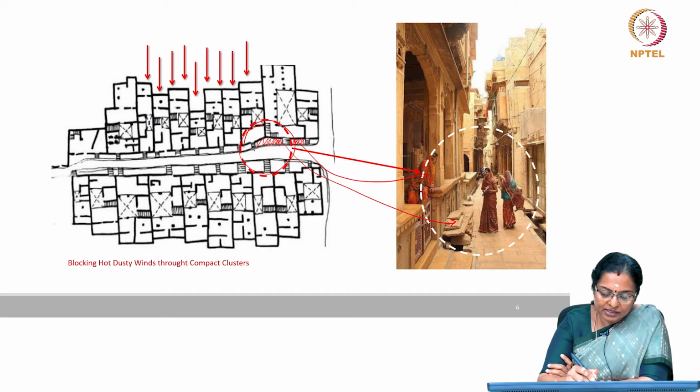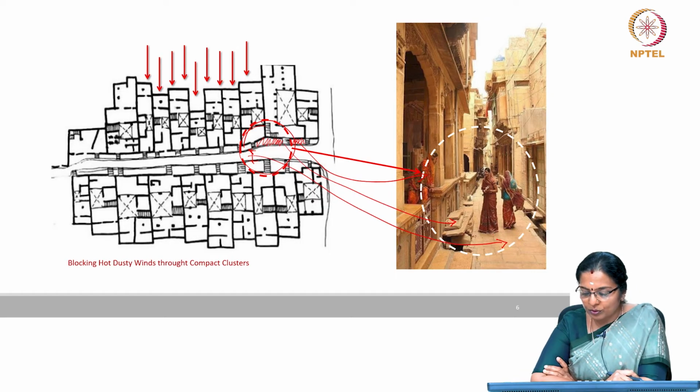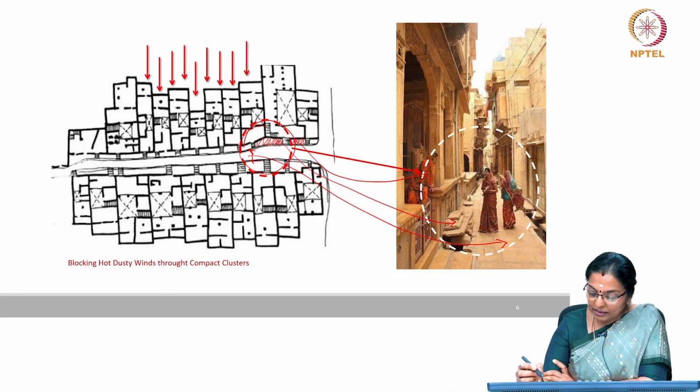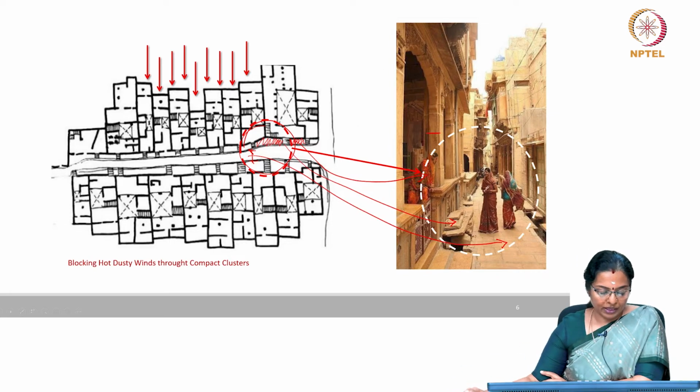And because the streets are very cool due to mutual shading, a lot of activity can happen onto the street too. For perspective, though that is not part of this lecture series, you can see the sandstone and the thick walls of the sandstone.